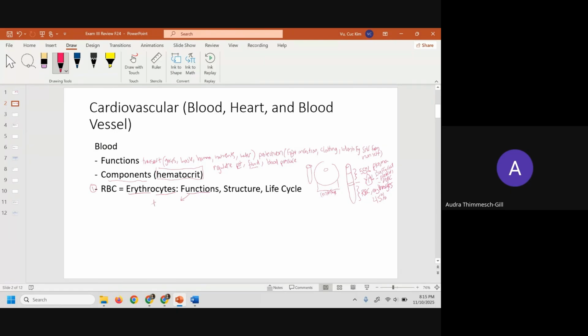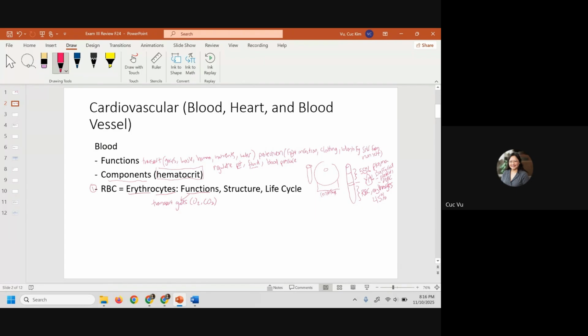Transport of gases. That's right. And what gases are we talking about? Oxygen and carbon dioxide. Perfect. So it transports gases, oxygen and carbon dioxide.